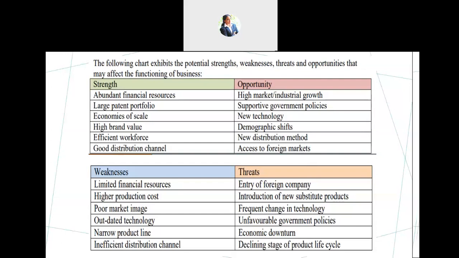Monitoring the results means checking performance against the plans and taking remedial actions, which may mean amending objectives or even the strategies. Now, this is all about SWOT analysis, which is also called the TOWS matrix. Now, moving forward, the next one is PESTLE Analysis.